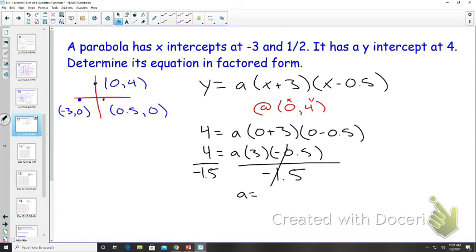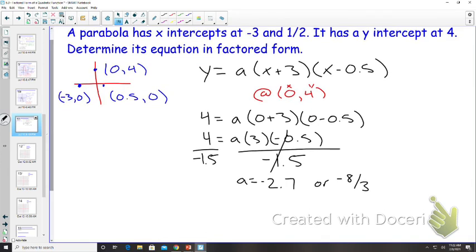What did you get? 2.6 repeating. Okay, yeah, perfect. So negative 2.7 if we round up. Or if you're a fraction person, negative 8 over 3.